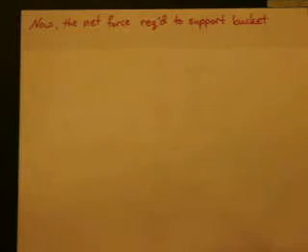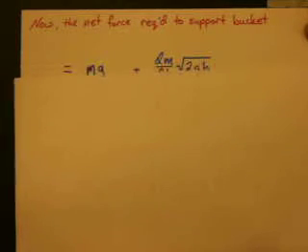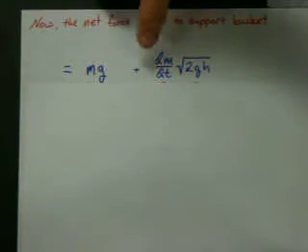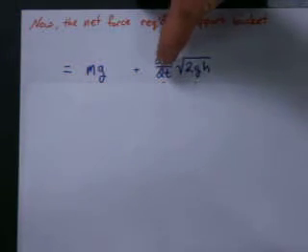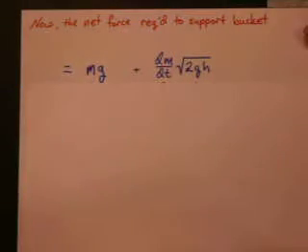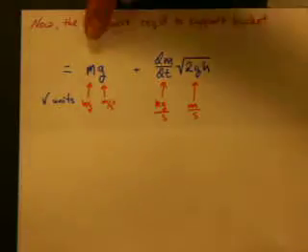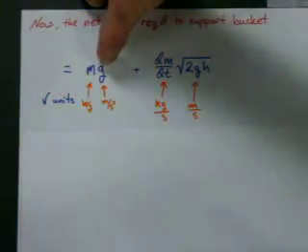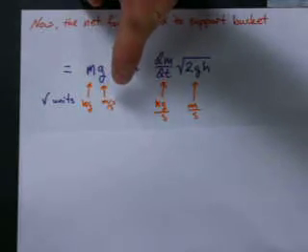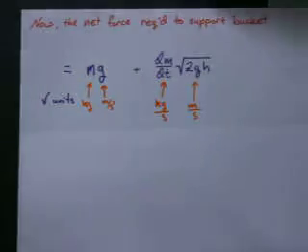Now, the net force required to support the bucket is equal to the mass times gravity plus the difference of your mass over the difference in time times the square root of 2gh. Now, checking your units, mass is in kilograms. The acceleration due to gravity is meters over time squared.